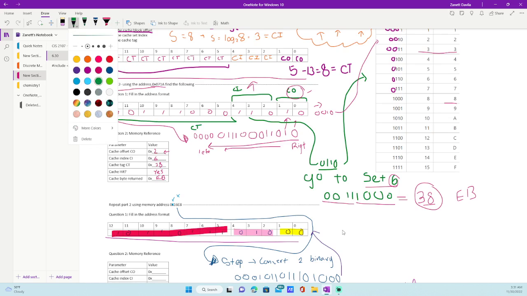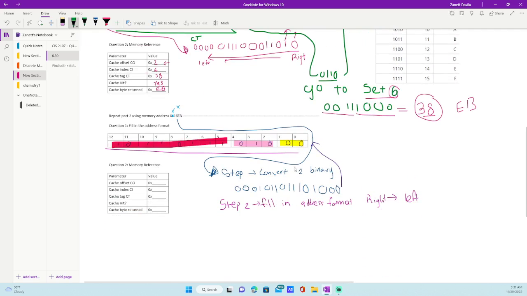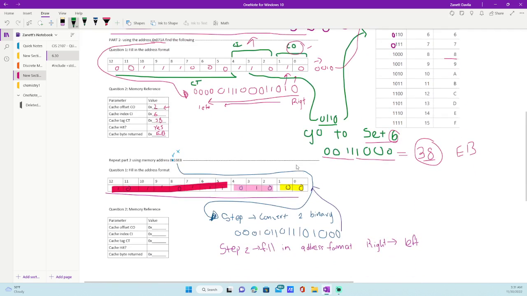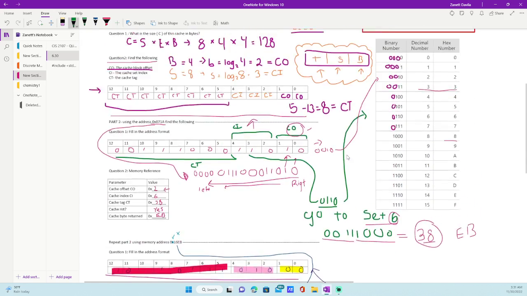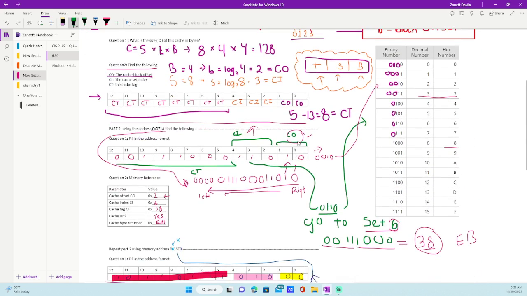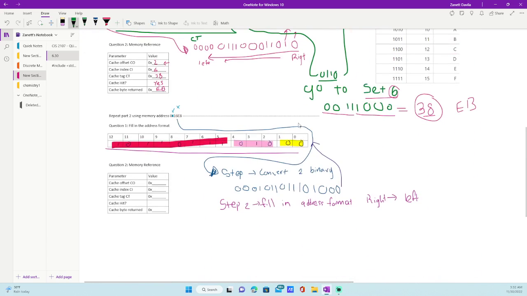Now it's basically converting this back into hex. So 0, 0. We already know because remember our block offset is right here. So our block offset is just 0, right?